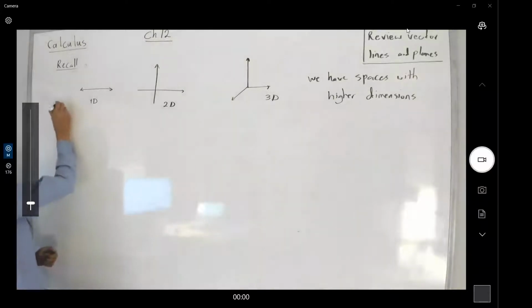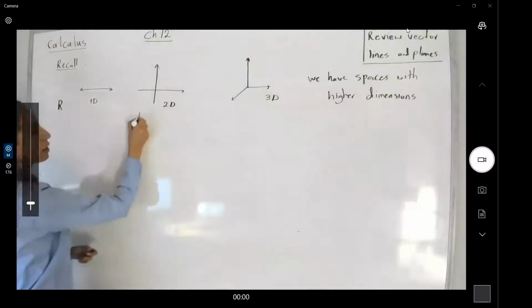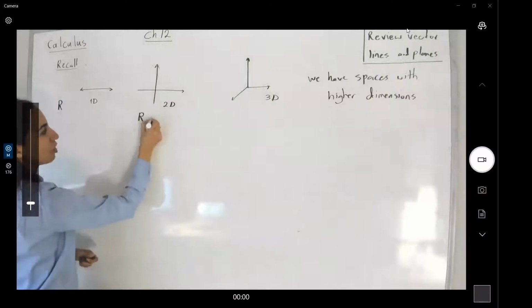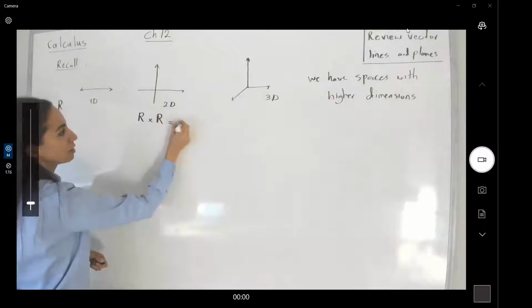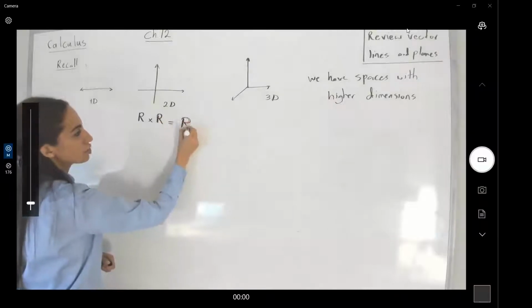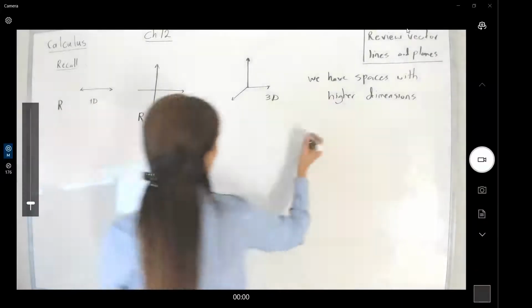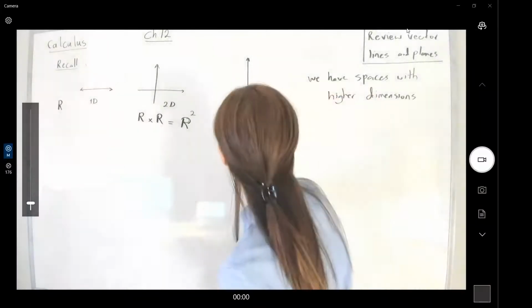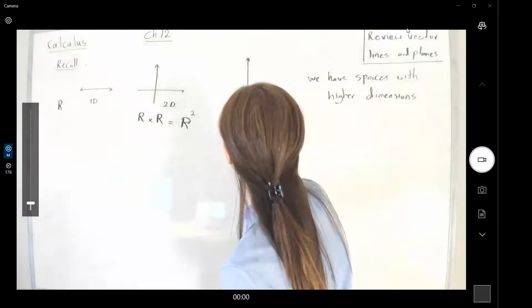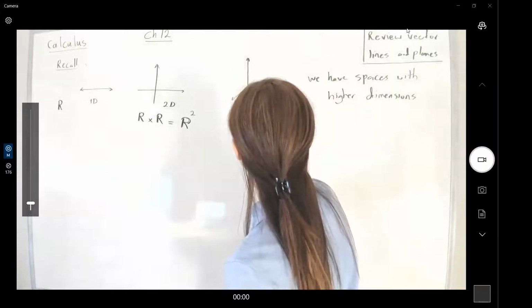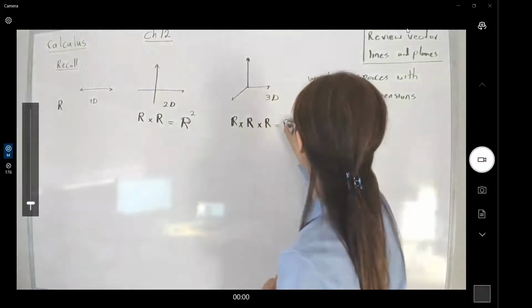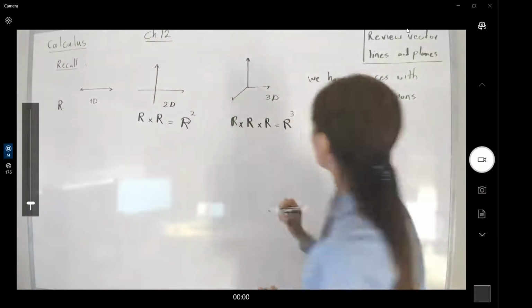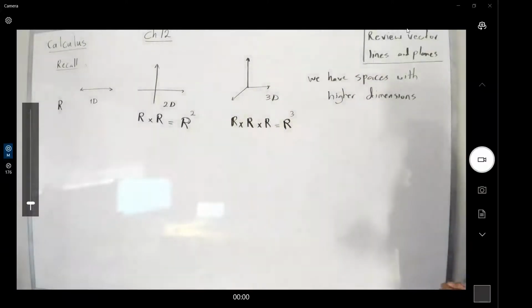So we denoted a line by R, plane by Cartesian product between R and R, or denoted by R with its dimension 2, and then the space with R Cartesian product with R, and Cartesian product with R, which is denoted by its dimension R to the third.